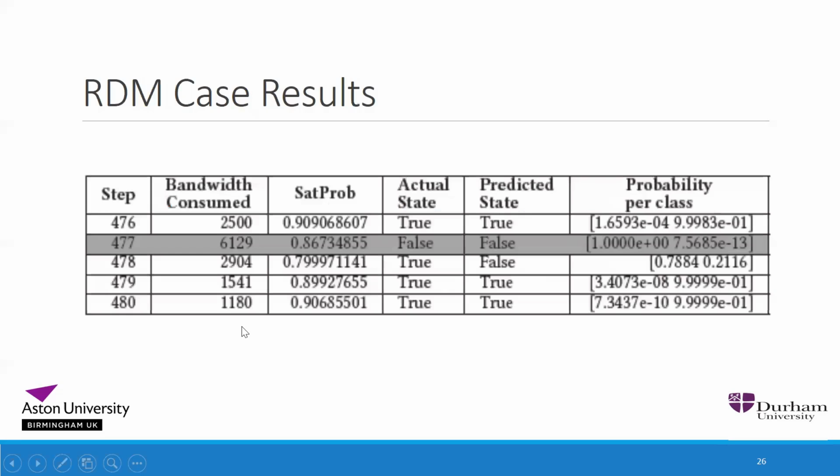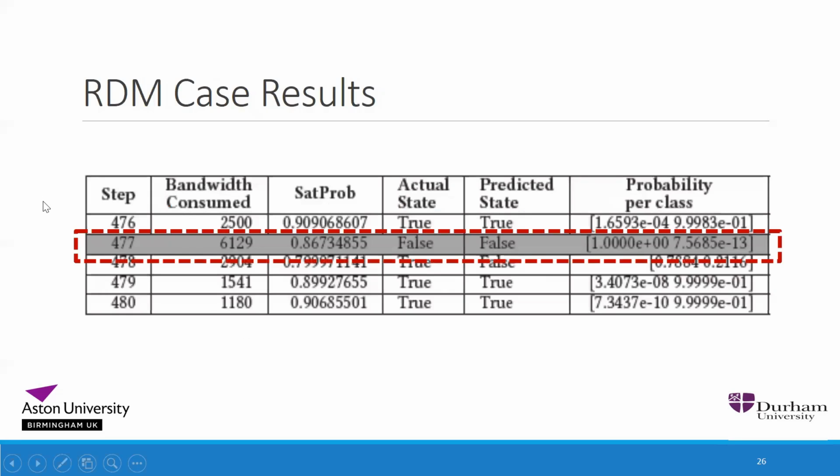So by applying logistic regression, for example, for our sample, we had a bandwidth consumption of 6.29 and a satisfaction probability of 0.86.